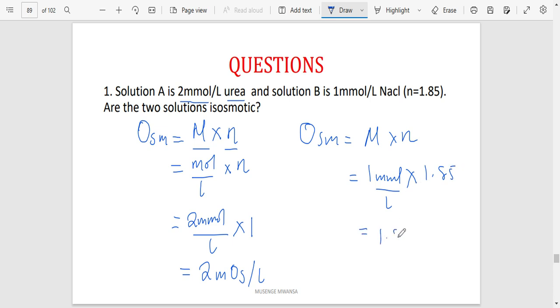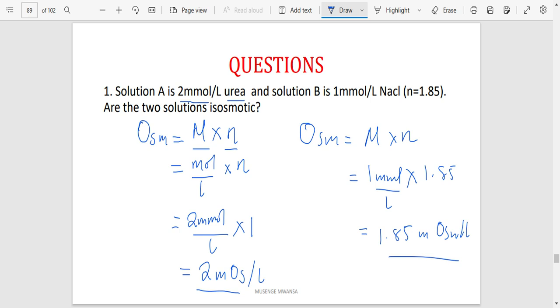This is going to give us 1.85. The unit, because we multiply by N, is going to be milliosmole per liter. So are these the same? No, they are not. Meaning that this solution is not isoosmotic. Okay, so that is how we calculate this one.